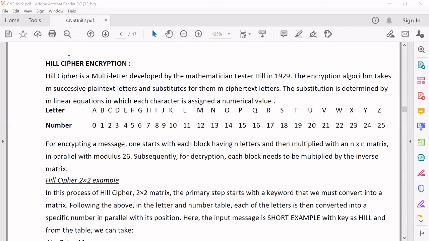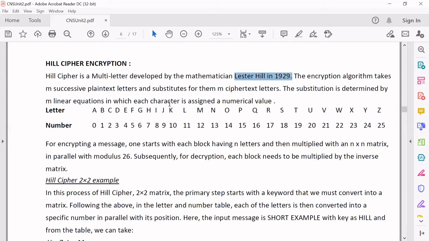So next is the Hill cipher encryption. Hill cipher is a multi-letter cipher developed by mathematician Lester Hill in 1929. So this was the encryption algorithm that was developed by a mathematician. The encryption takes the plain text and substitutes it with its corresponding ciphertext by using the concept of a matrix.